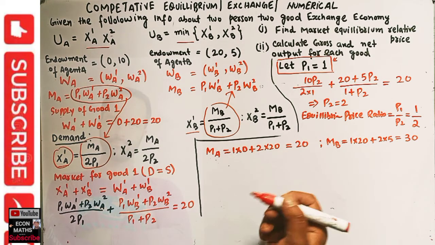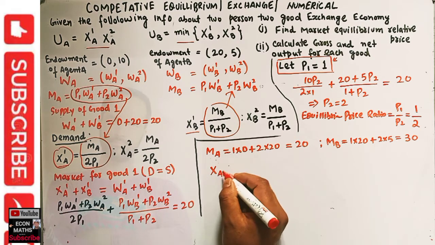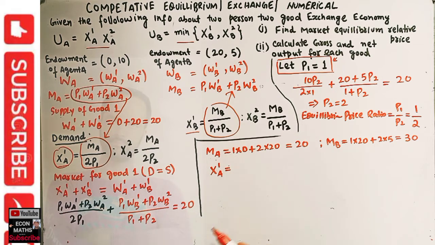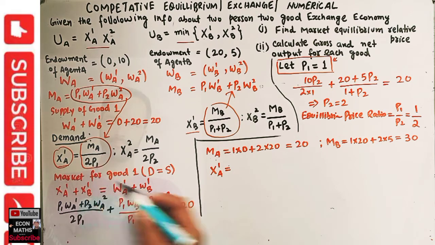Now what is the gross demand of good 1 by person A? Just find out in this equation. So xA1 is mA upon 2p1.